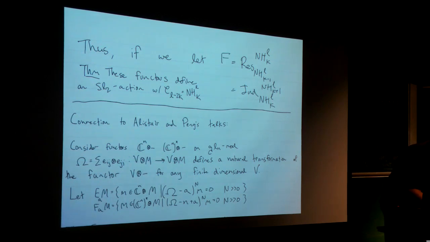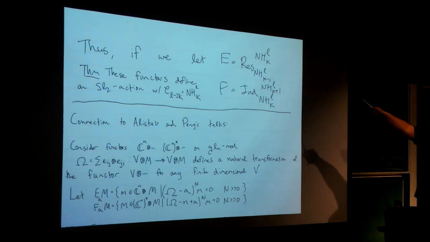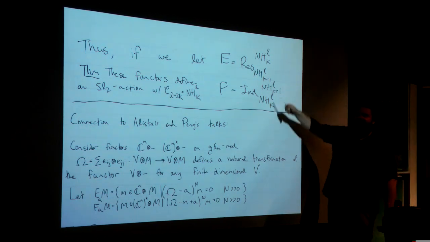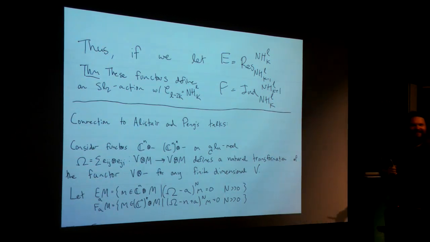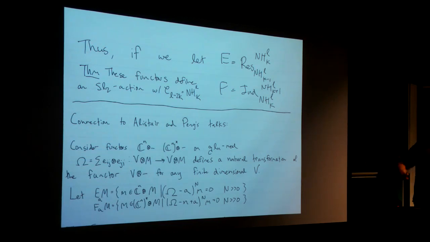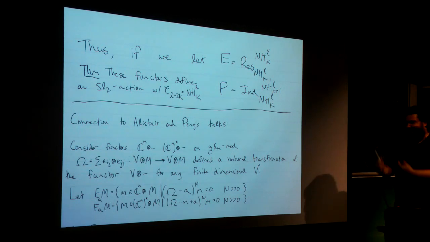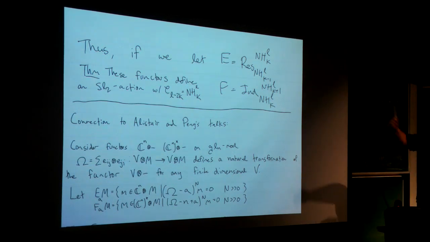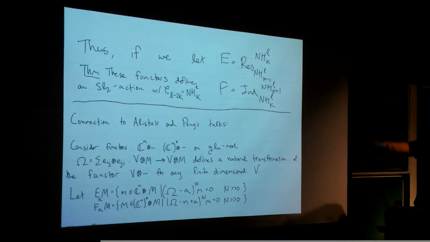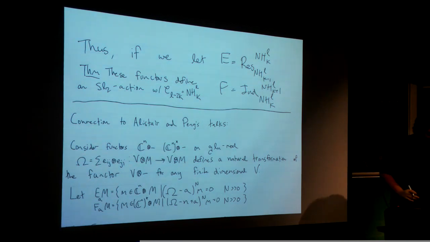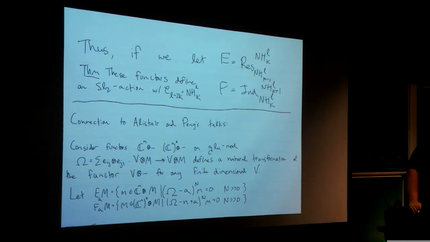I made the upsetting realization last night that because of how I'd written everything, these guys are obviously adjoint in the wrong direction. And it's a theorem that if they're adjoint in one direction and they define an SL2 categorification, they're also adjoint in the other direction. I was very annoyed and tempted to switch E and F, but that would have made life so much more difficult.